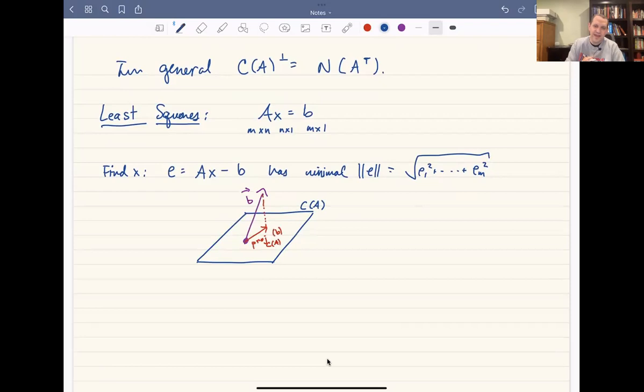But it turns out that actually solving the system, even if you know that, so let me write this a little bit better here. What I mean is, if I were to take AX equals the projection of B, that's where we'll get our solution from.